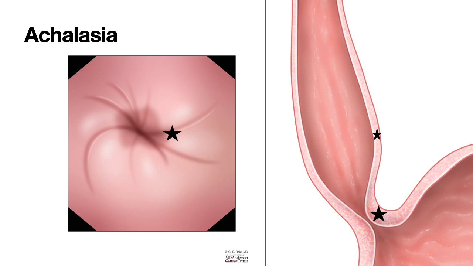So this requires a pneumatic dilation to rupture the muscle so as to relieve the spasm of the lower esophageal sphincter.